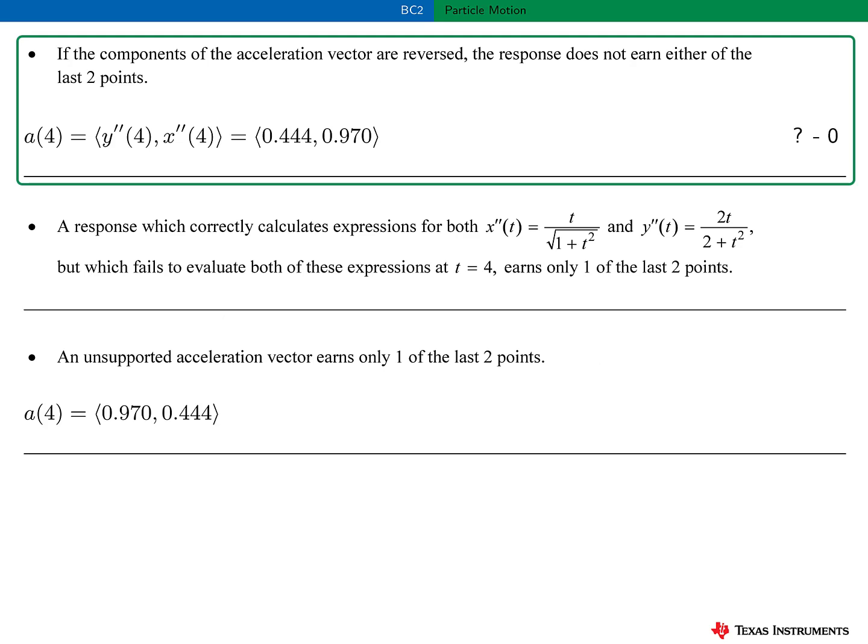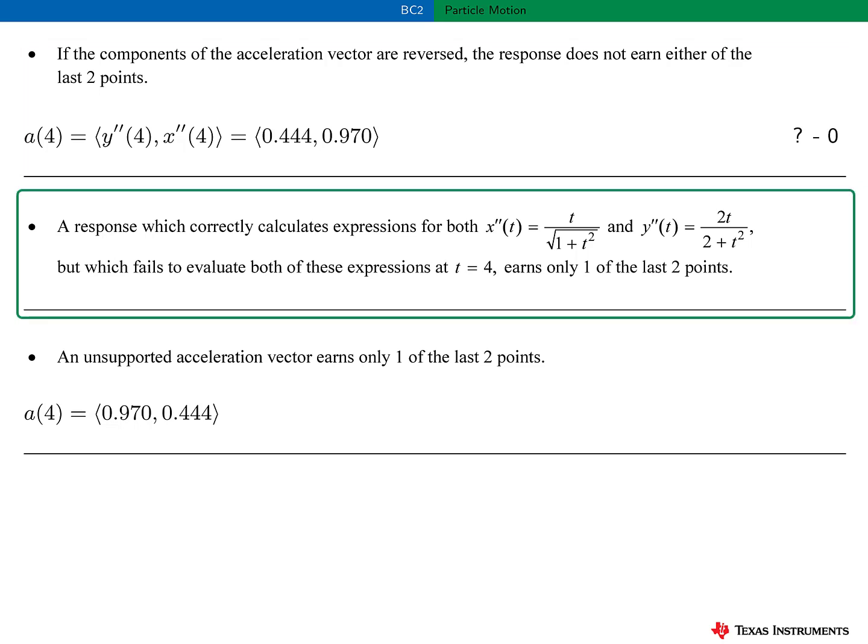Unfortunately, if the response presents the acceleration vector with the components reversed, then the response does not earn either of the last 2 points. And here's an example.